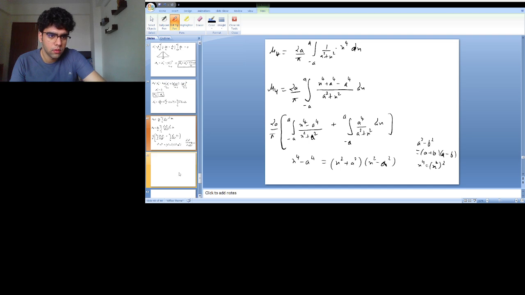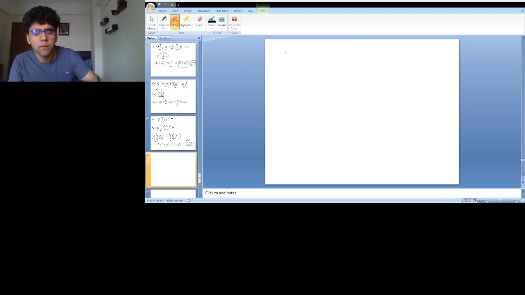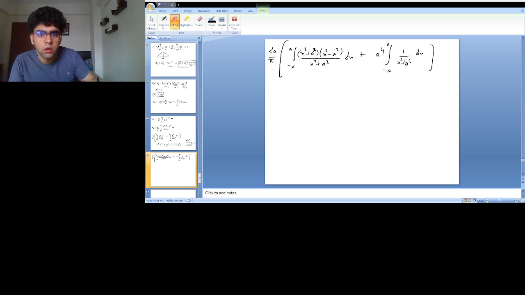Moving on, what I'm left with is 2a upon pi, integral from minus a to a of x square plus a square into x square minus a square upon x square plus a square dx, plus a to the power 4, just taking this out common, integral from minus a to a of 1 upon x square plus a square dx, again the tan inverse. That is what I'm going to use.